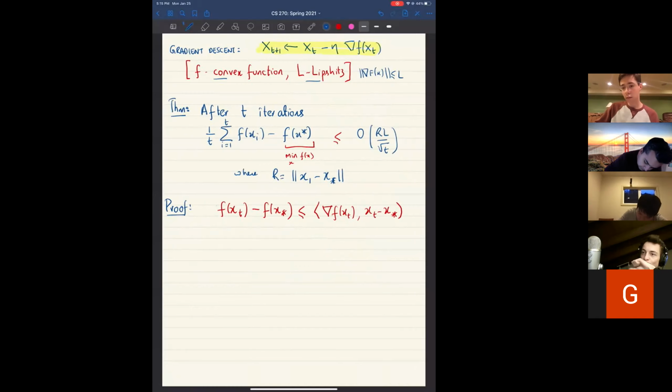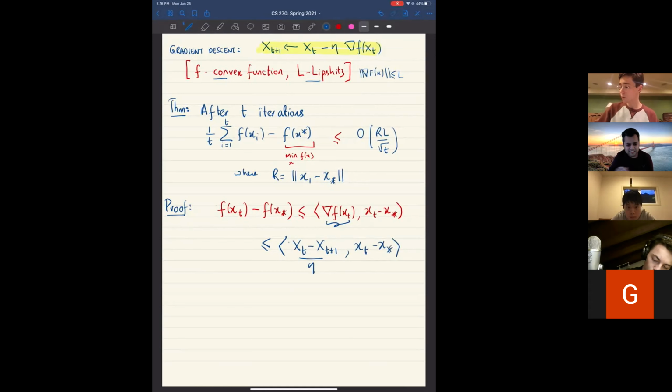Okay, so this is good. Now I'm going to substitute for the gradient from my update rule. I'm going to write this as x_t minus x_{t+1} over eta, inner product x_t minus x star.